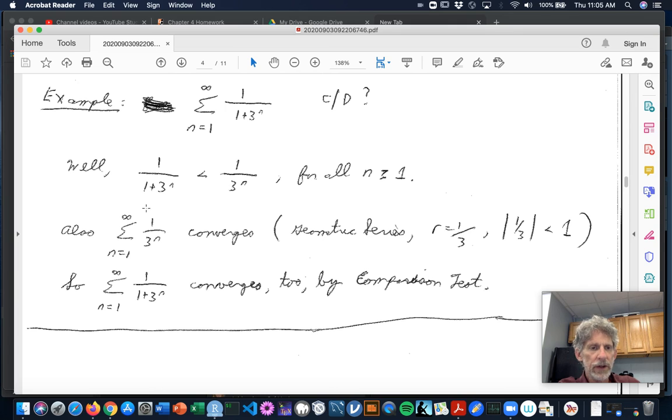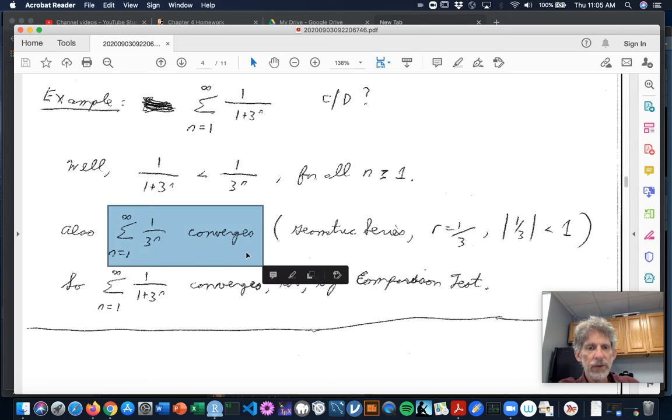Now, I also know that the sum of these terms, I know that has to converge, because I could, if I wanted, write it as a geometric series where the ratio would be 1/3. I could write this here as (1/3) to the n. And so it doesn't matter what this converges to, it's just that it converges.